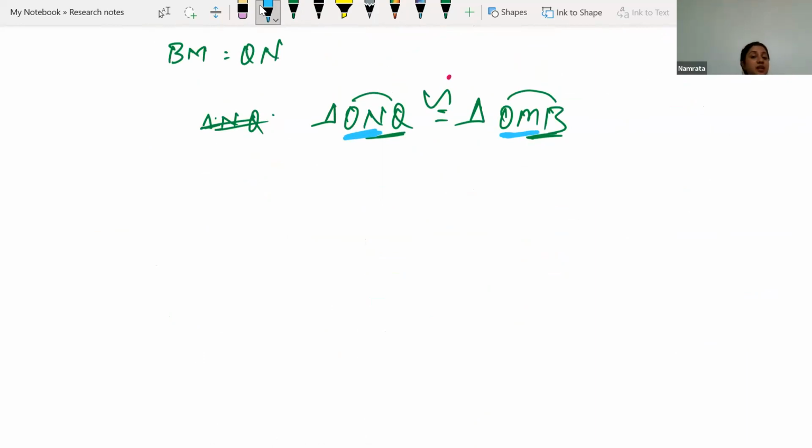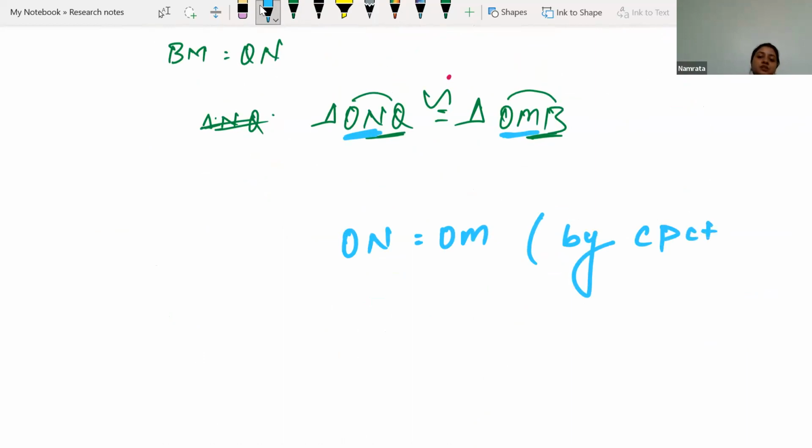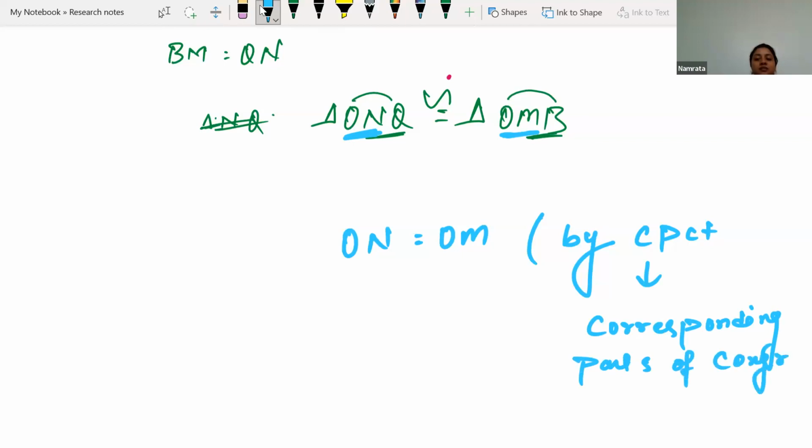How? By CPCT, which means corresponding parts of congruent triangles are the same. Okay, so this is how we have proved it.